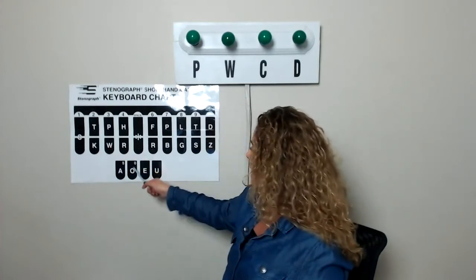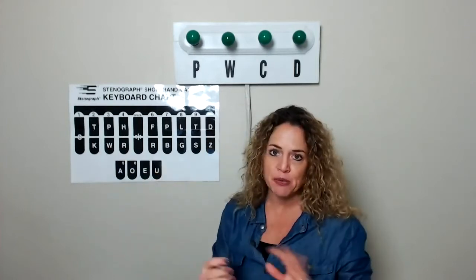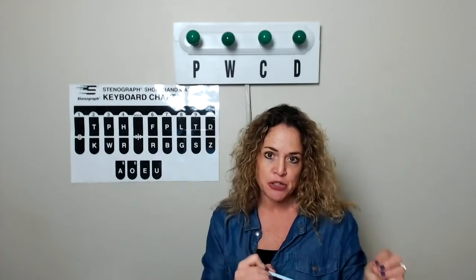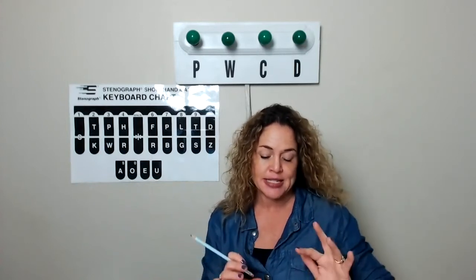So you want to just come back for T-O-R, and you don't want it to be a long O, because you don't want your software to think that it's the word direct and tor. Okay, so write director as D-R-E-K for the brief direct, and then just come back for T-O-R. Okay, all right.